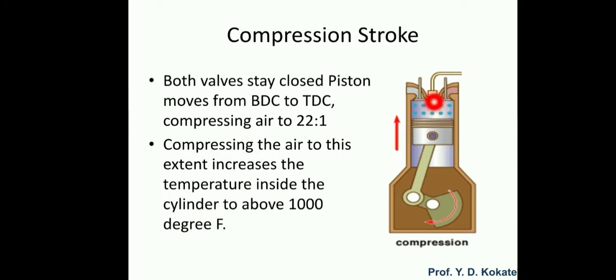So the injector injects the diesel when this temperature is attained at the ending of the compression stroke. So in the compression stroke, both the valves are closed and the piston is moving from bottom dead to top dead center so that it can compress the air.